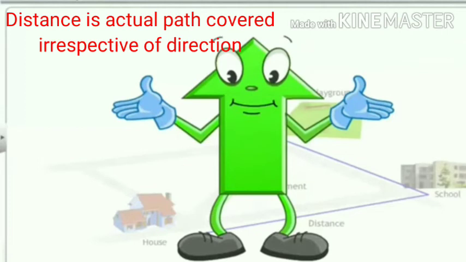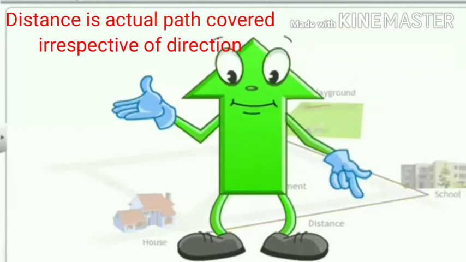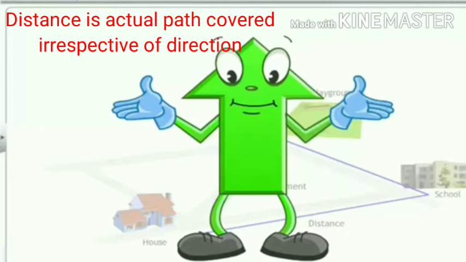This quantity is called the distance. But if I reach from the home to the playground directly, then it will be the smallest distance traveled by me. Therefore, this is another physical quantity, and it is called displacement.